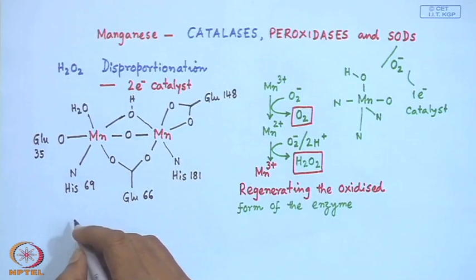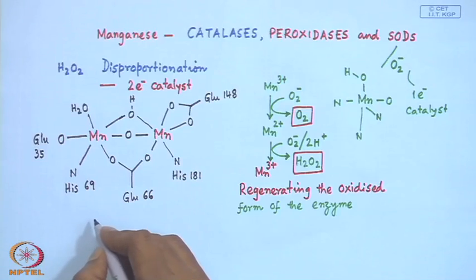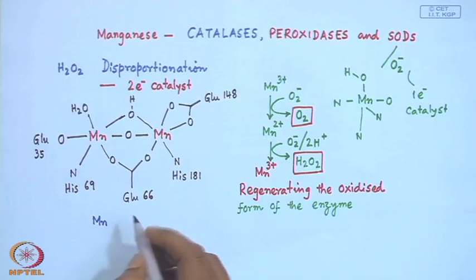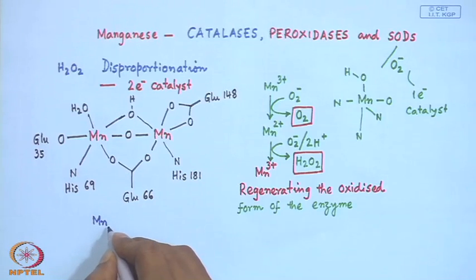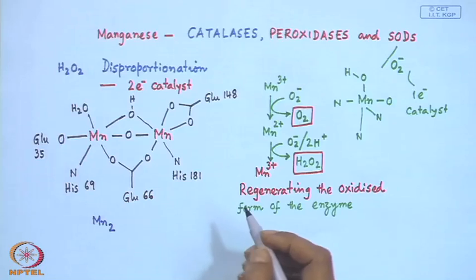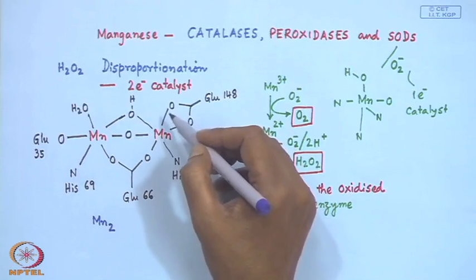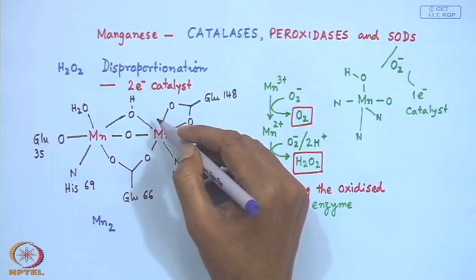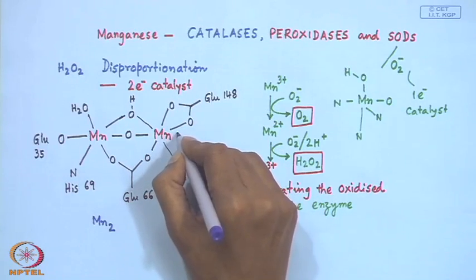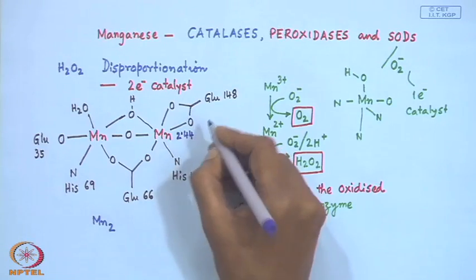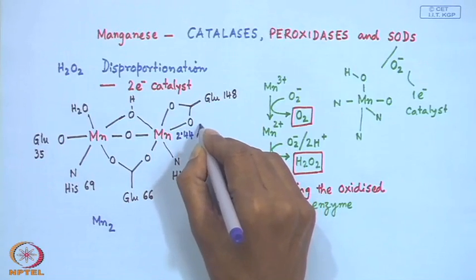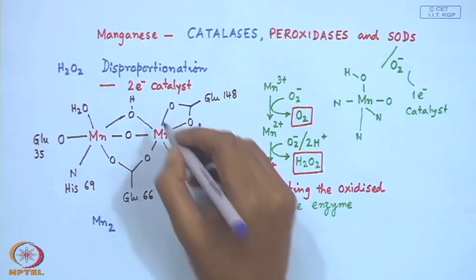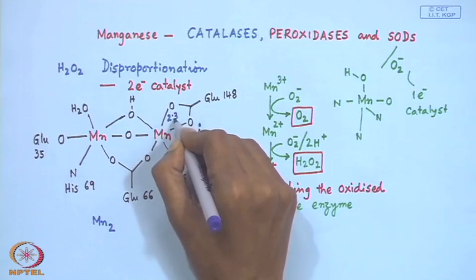So, in any dimanganese system like this, we have a manganese site and we have 2 such manganese units, and both sides are close to octahedral geometry, though this particular part is highly distorted. If we look at the bond distances, this is 2.44, which is quite big, and this is 2.36.